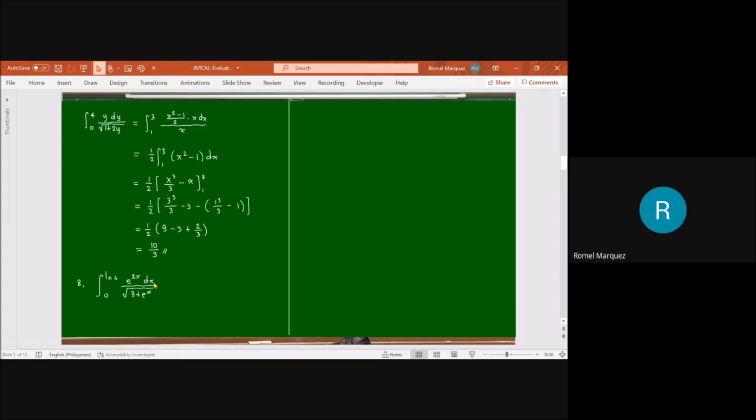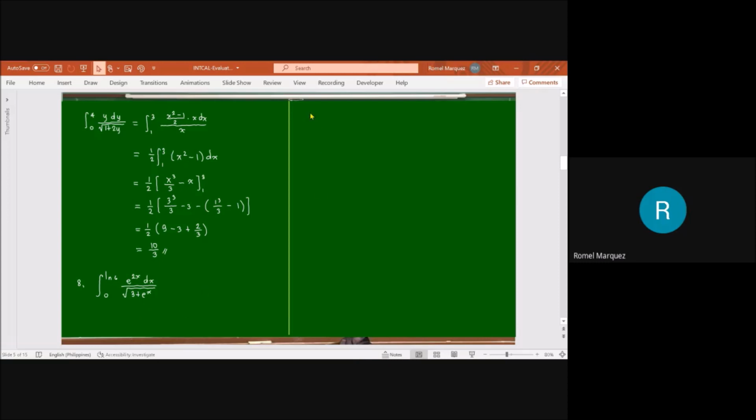Any suggestion, guys, of what we're going to do for us to be able to evaluate this? So again, we can apply what? Algebraic substitution. Let's apply.